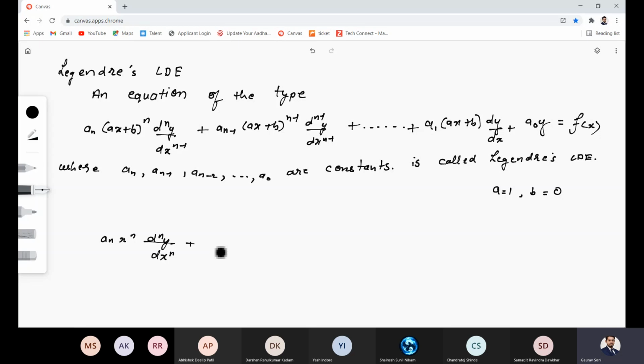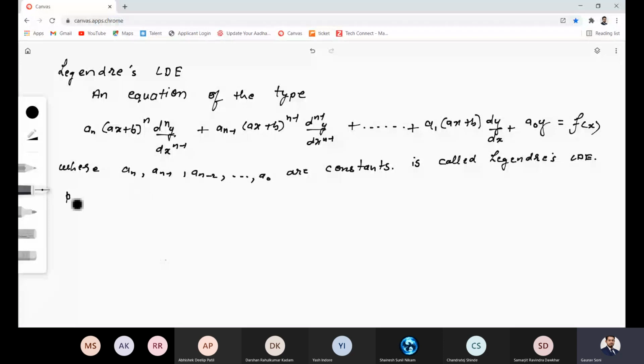Cauchy just talks about x raised to n, but Legendre talks about (ax plus b) raised to n. So if you put a equal to 1 and b equal to 0 in Legendre's linear differential equation, you will get Cauchy. So if you study Legendre, you can solve Cauchy also.